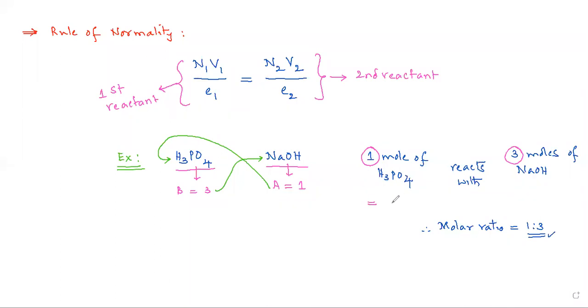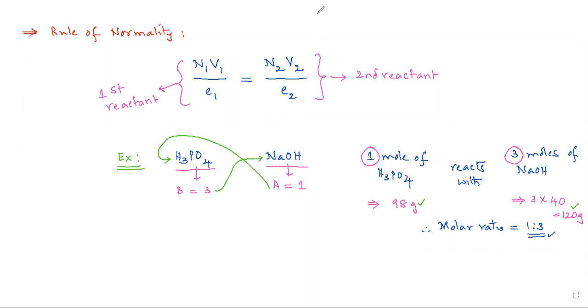1 mole of phosphoric acid is nothing but 98 grams, its gram molecular weight. Similarly, in this case, it is 3 into 40 grams, nothing but 120 grams, right? 98 grams of phosphoric acid is reacting with 120 grams of sodium hydroxide.